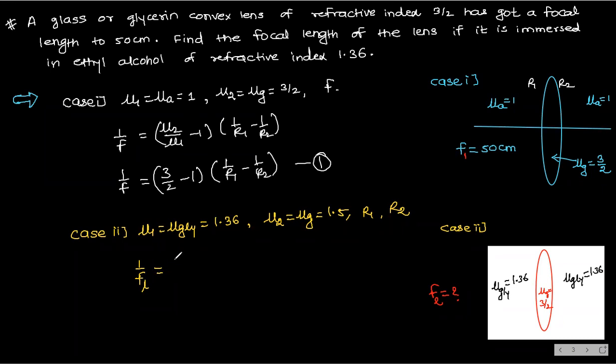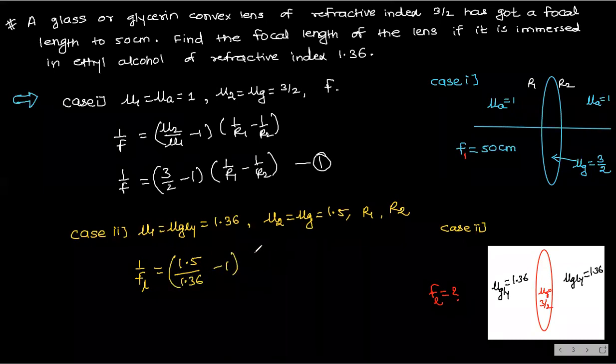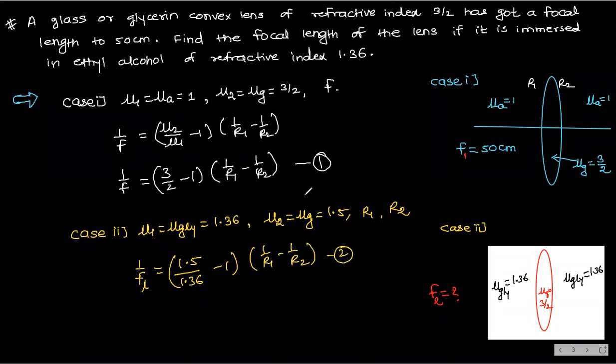So this is equal to, अब mu2 क्या है 1.5 है ना, 1.5 divided by 1.36 minus 1. Now there is no air, into 1 by R1 minus 1 by R2. Call this equation number 2.